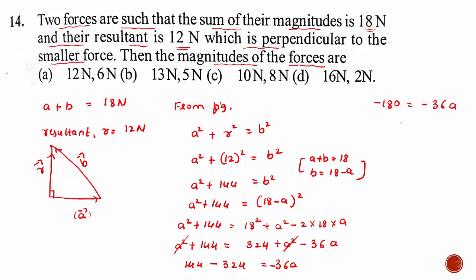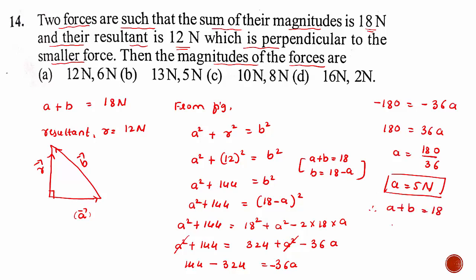So 180 equal to 36A. A equal to 180 divided by 36. We will get the answer 5 Newton. This is the magnitude of the first force. Similarly, we can find the value of B. I can use A plus B equal to 18, 5 plus B equal to 18, B equal to 18 minus 5.